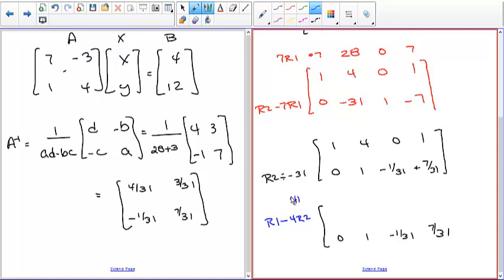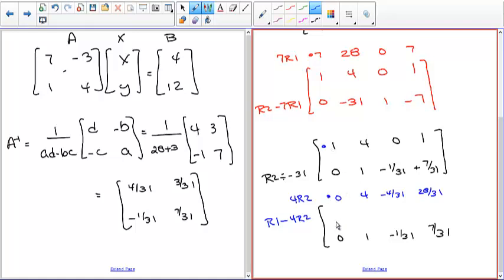So let's write down 4 times row 2. So that's 0, 4, negative 4 over 31, 28 over 31. And then we're going to replace row 1 with row 1 minus 4 times row 2.